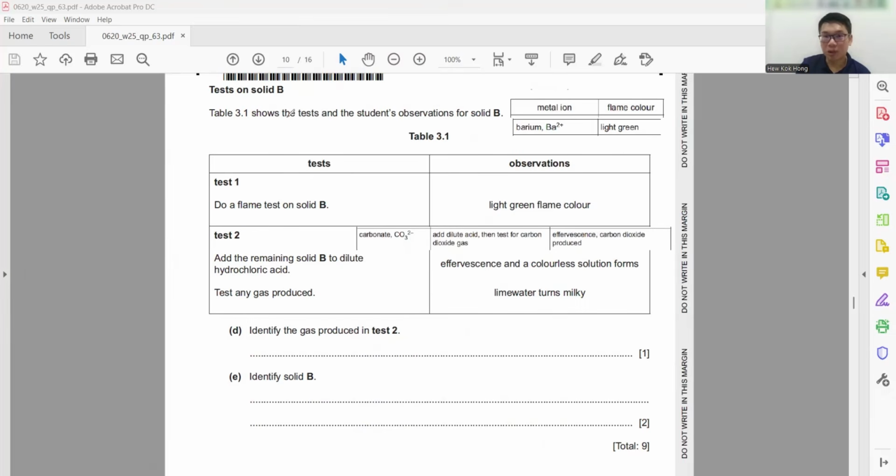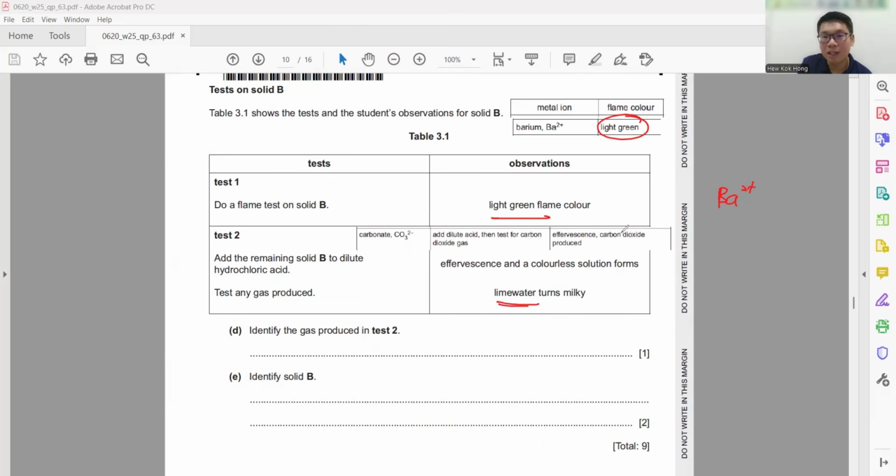Then the test on solid B. The table shows the test and the student's observation for solid B. They do a flame test on B, light green flame colour. So we can confirm it's barium 2+. And then add the remaining solid B to dilute hydrochloric acid and test the gas. Effervescence, colourless solution forms. Limewater turns milky.